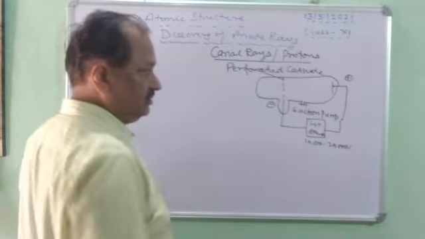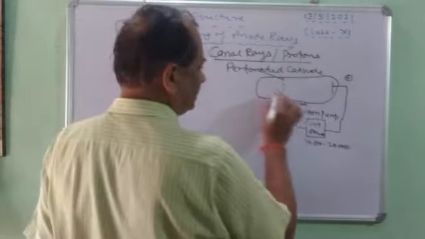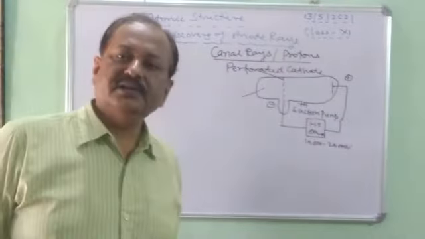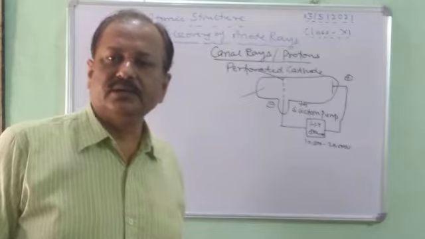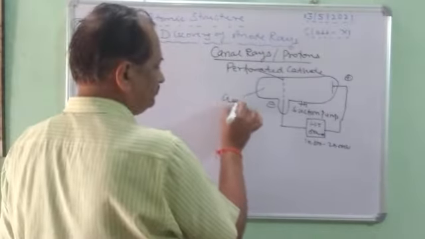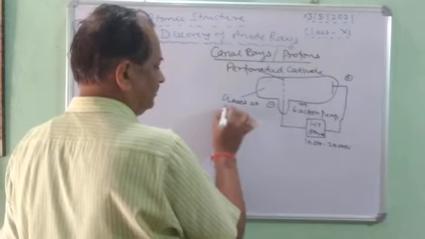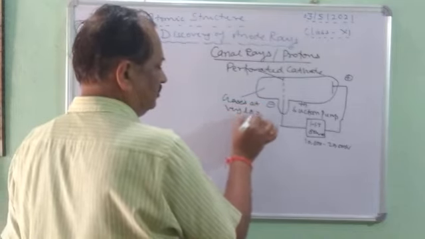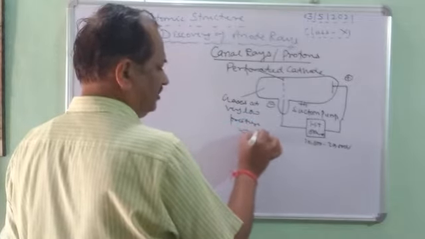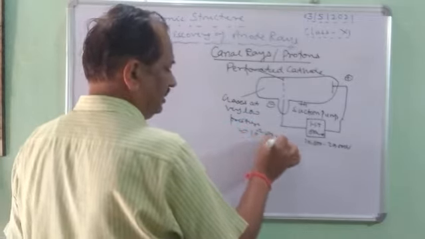Here there is the cathode, and the gas is at very low pressure. Again the same condition, as with the cathode ray tube: gases at very low pressure, around 10 to the power minus 2 atmosphere.